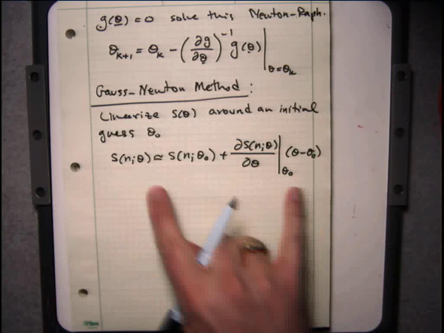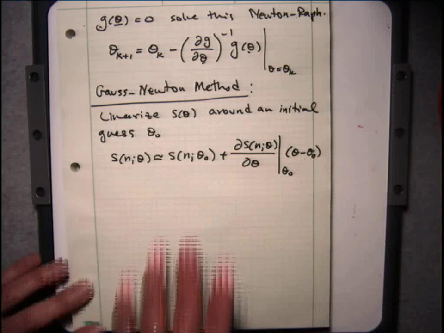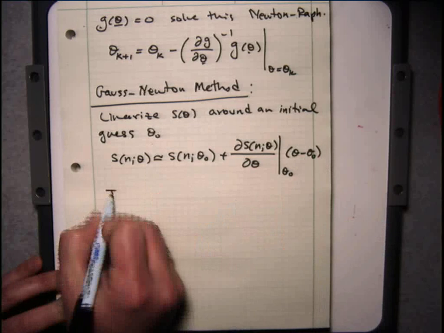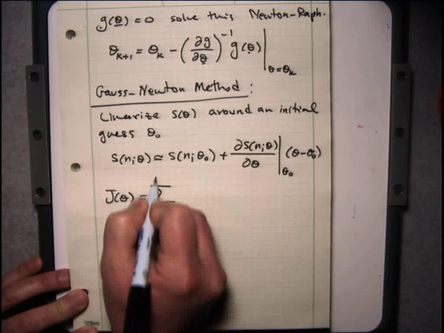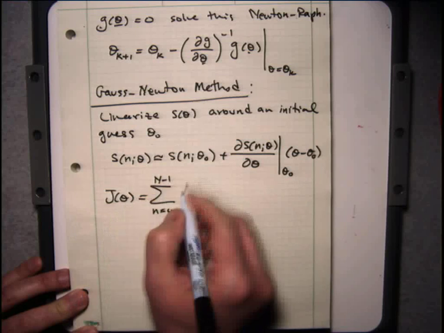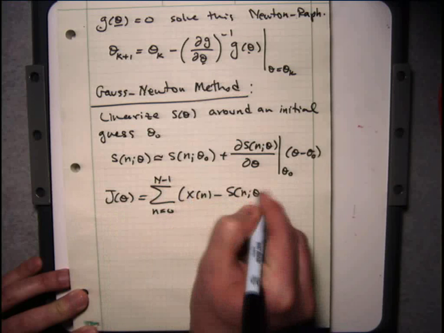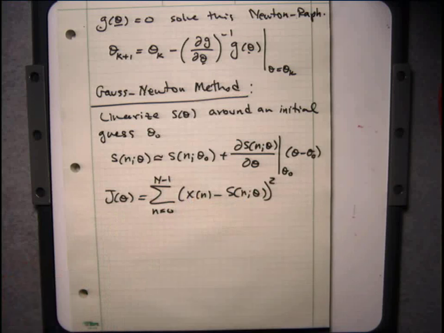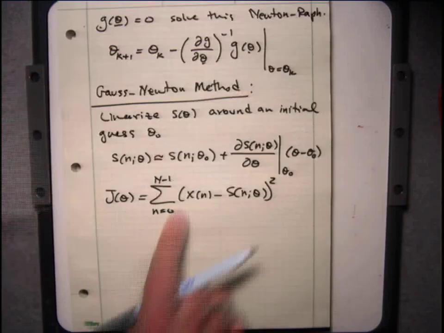Okay, so here's what we do. Now, if you take your J of theta and write it in explicit form, you have the sum from n equals 0 to N minus 1 of x of n minus s of n, theta, squared. This is just another way of writing this quadratic. It's just the elements squared.